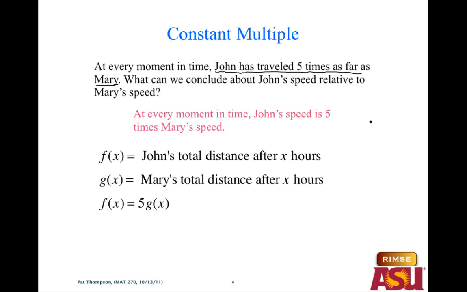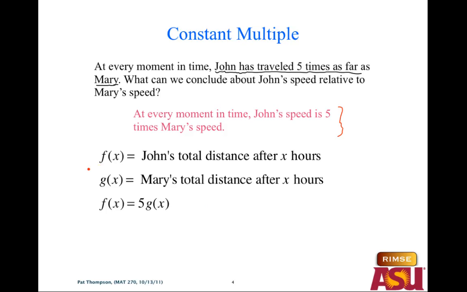And then what does this statement say? At every moment in time, John's speed is 5 times Mary's speed. So what does that statement say? How can we write that mathematically if we've got our functions f and g? So mathematically, how could we write the statement John's speed is 5 times Mary's speed, using these functions we started with? If f is John's total distance, what's John's speed?